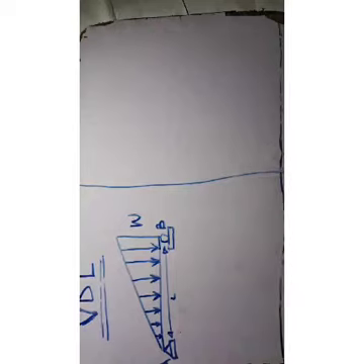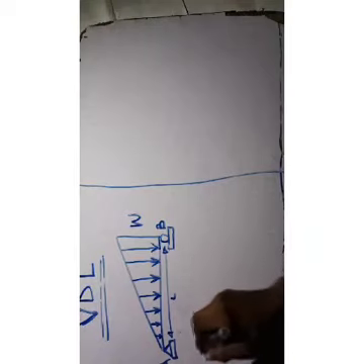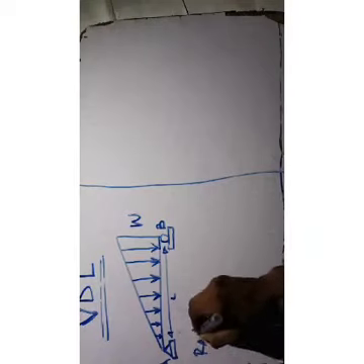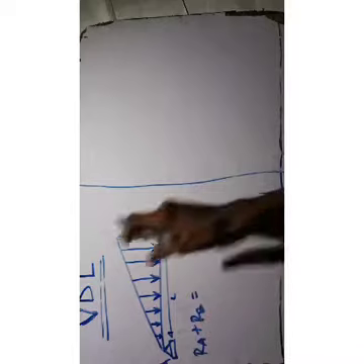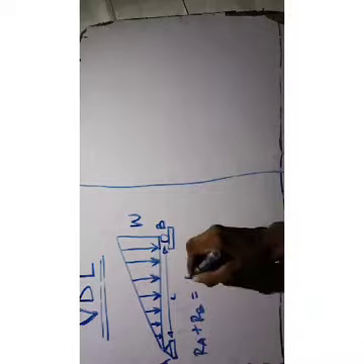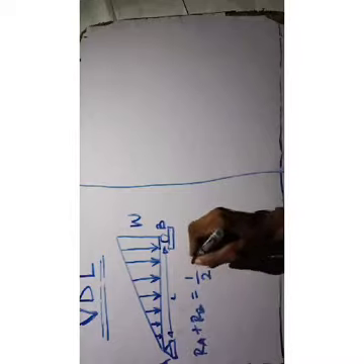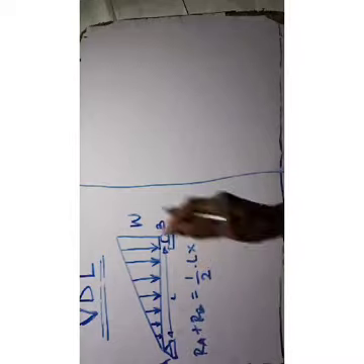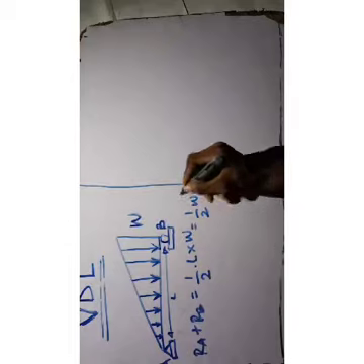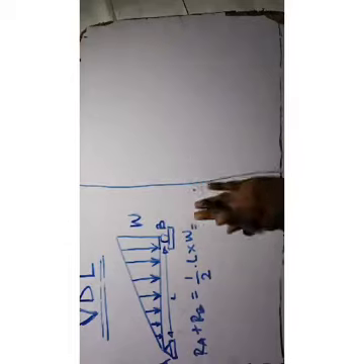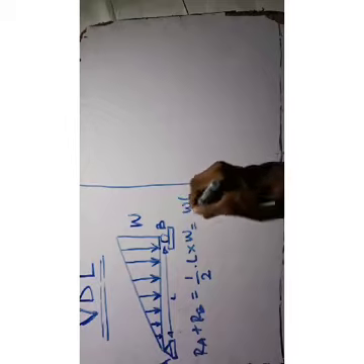So now RA plus RB equals, converting this to a point load, half base times height, and that will be half WL, or WL over 2.